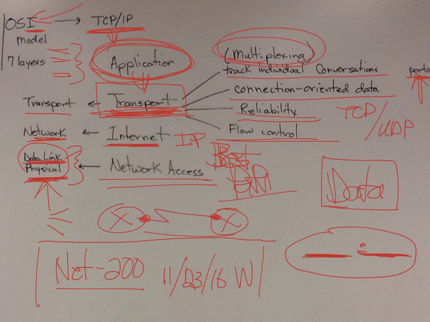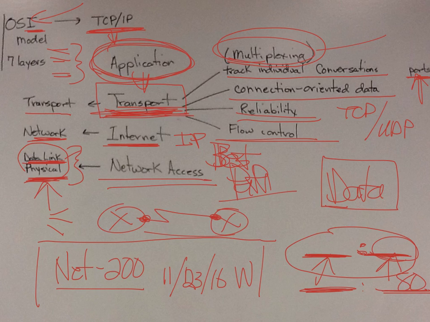The client will generate a source IP address and port, or if this is the destination IP, then this would be some port, like if it's an unencrypted web server, then it'd be port 80. So the transport layer keeps track of those conversations that are multiplexing through your system.